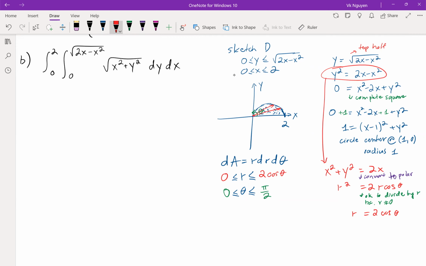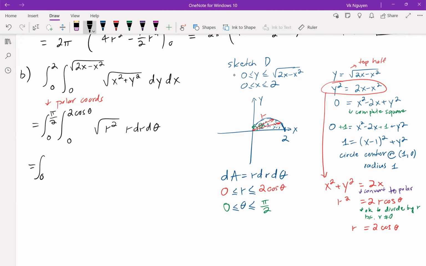Now we're just going to set this up in polar coordinates. Convert to polar coordinates, and ta-da. The angle theta is from 0 to pi over 2. The radius is from 0 to 2 cosine theta, and then this is the integral of r squared dr d theta.